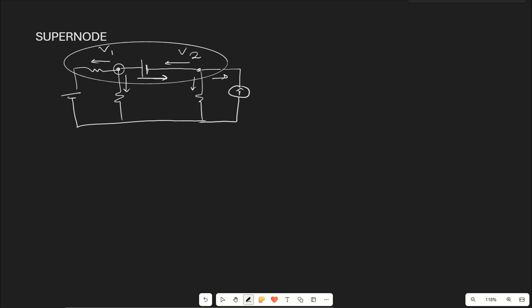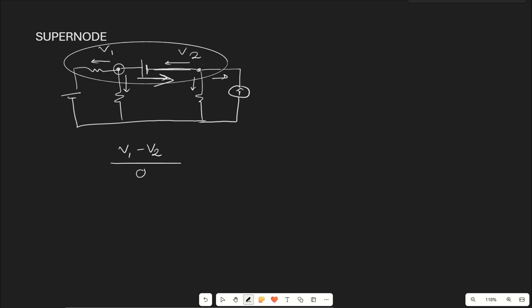So in this direction the value should be V1 minus V2 divided by the resistance, but as you can see there is no resistance present here. Whenever there is no resistance, it is a short circuit path, so it has a resistance of 0.